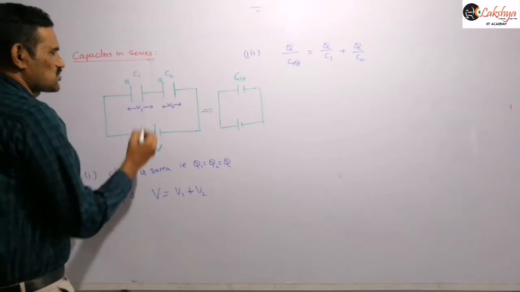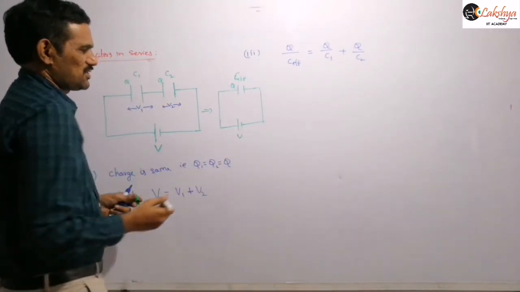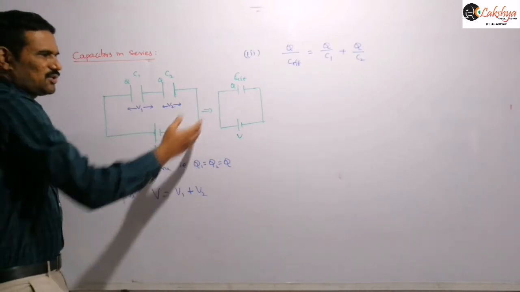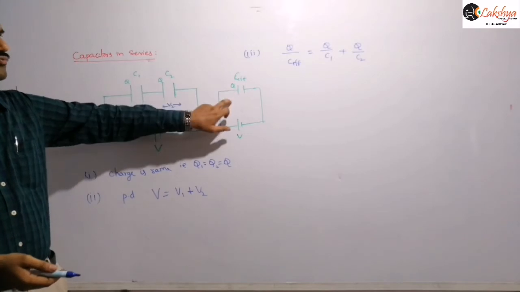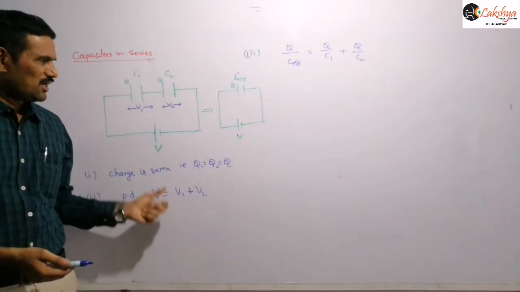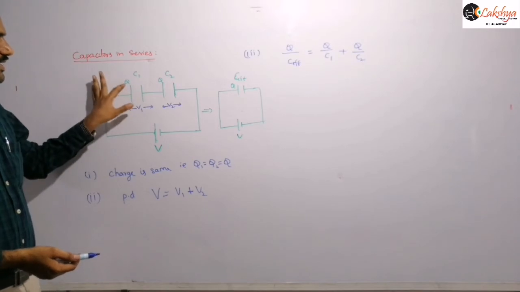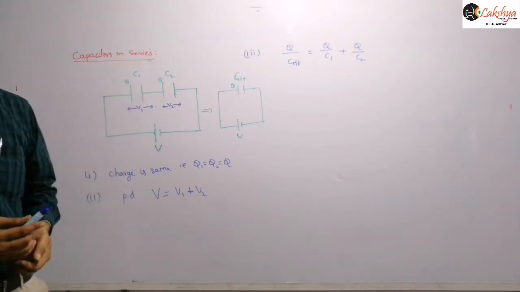If Q is the charge stored on this capacitor, then the same amount of charge will be stored on the other. For this, we apply the V is equal to Q by C effective formula. And individually, the potential difference is Q by C1 and Q by C2. So charge will be the same on those capacitors.